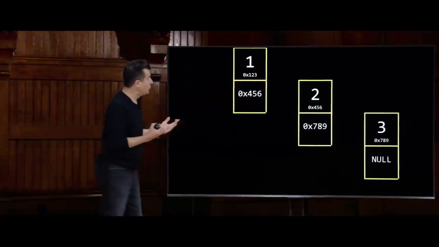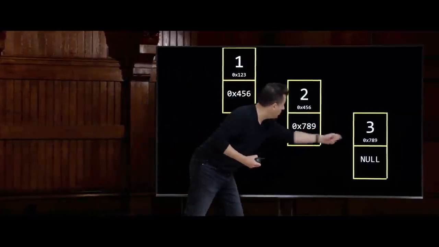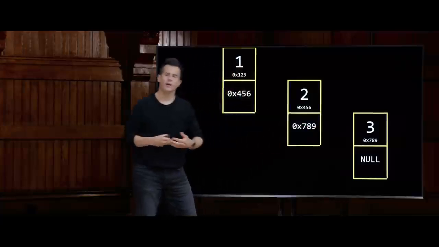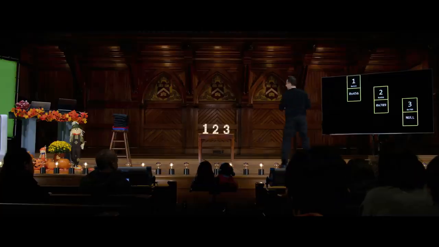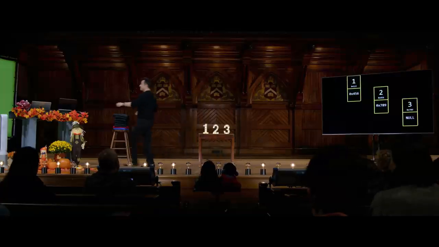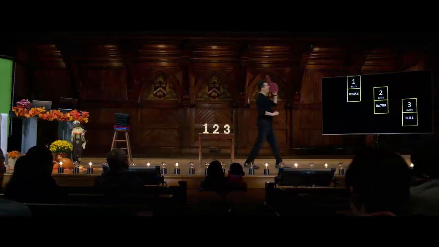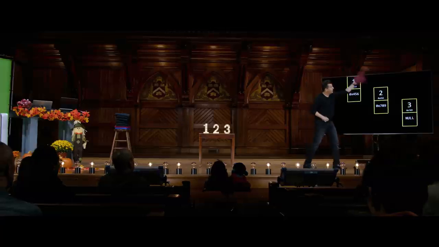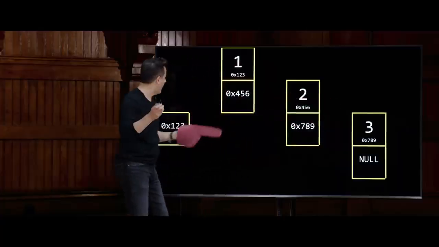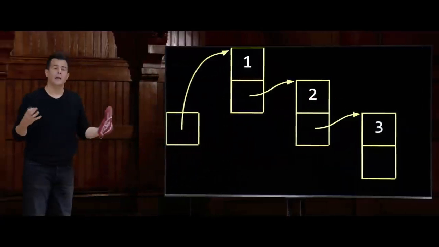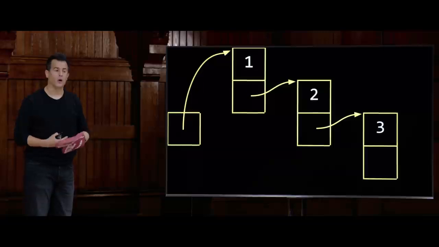Now, this is all fine and good. Memory address, memory address, memory address, and we're stitching things together in this way. But you don't need to think at this low level. Recall from last week, you can think of pointers as really just pointing from one location to another. And so we can kind of abstract this away and just get rid of all of that and use some basic arrows instead.